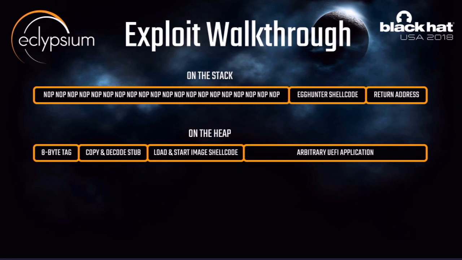But we found that the entire XML document that was downloaded from the remote site is also in memory. It's sitting on the heap, so in our exploit, what goes on the stack in the overflow is just a little egg hunter shellcode to search the heap, find the rest of the exploit, and jump there.